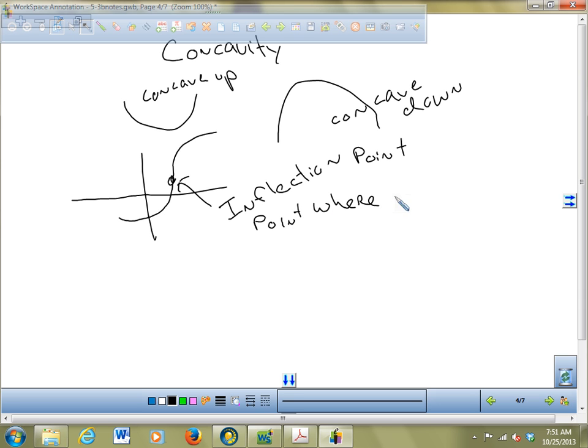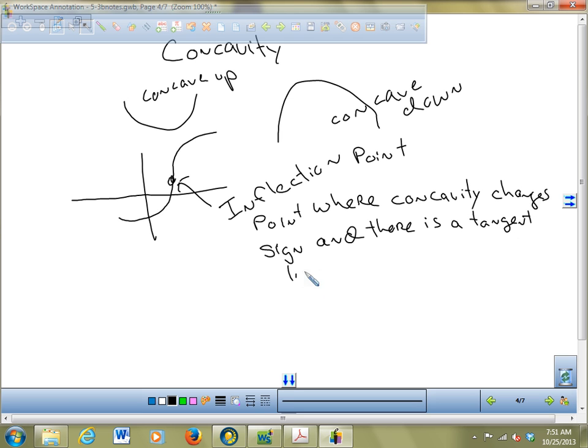The definition of an inflection point: concavity changes sign, and there is a tangent line. So the function has to be continuous, and it has to have a derivative at that point. Otherwise, you couldn't have a tangent line.